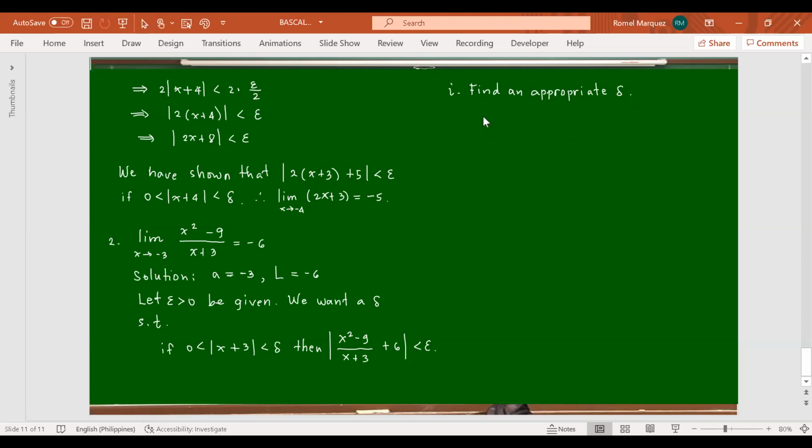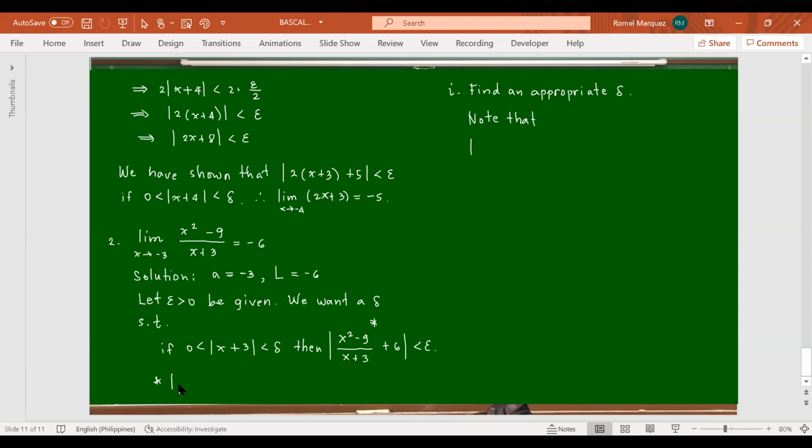Note that we can simplify this. I will put an asterisk to mean that's what I'm trying to simplify.